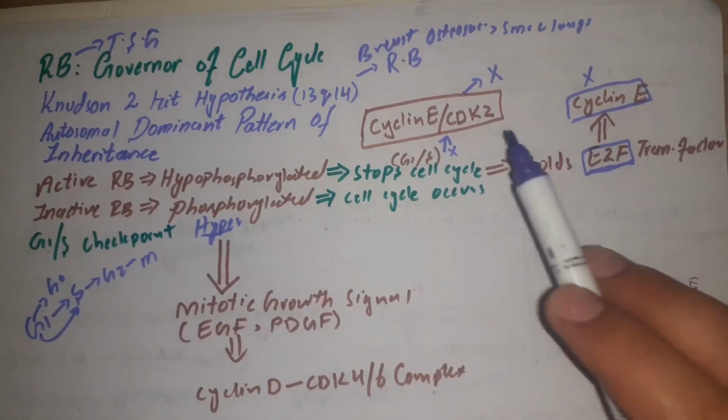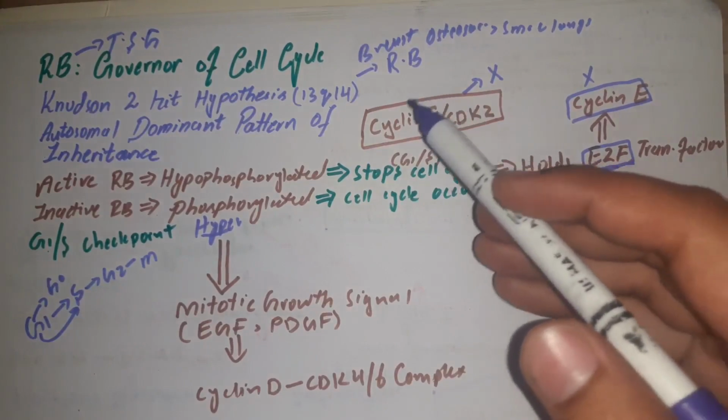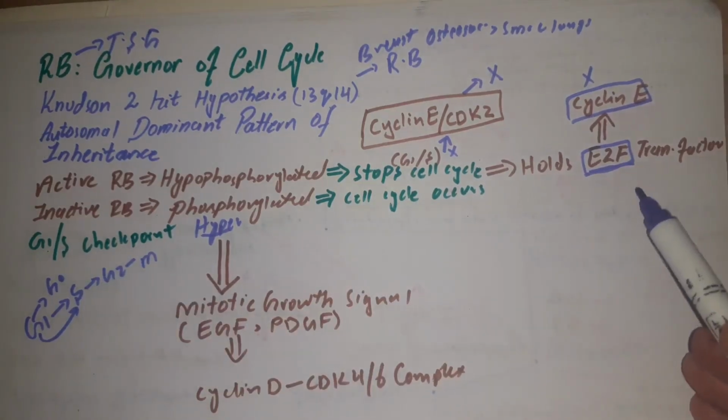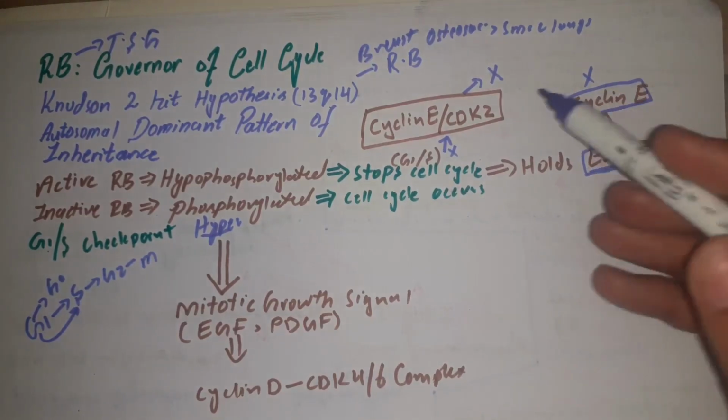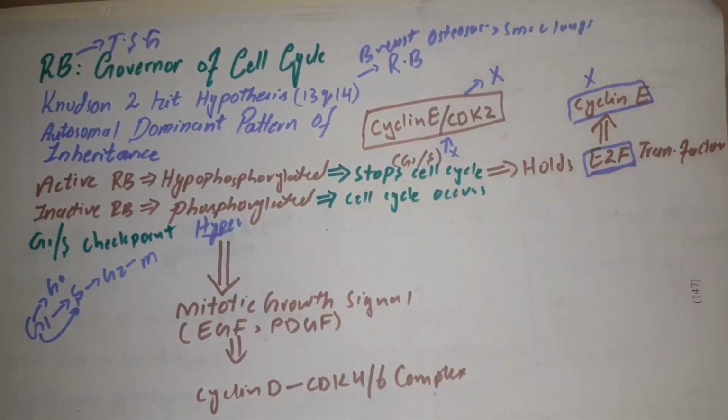When cyclin E is not produced, the cyclin E CDK2 complex is not formed, and when this complex is not formed, G1S transition does not occur. Okay, so when it is inactivated or hyperphosphorylated, the E2F transcription factor is released, cyclin E is formed, and the CDK2 and cyclin E complex is formed, and G1S transition occurs. So it is the basic mechanism through which retinoblastoma works.